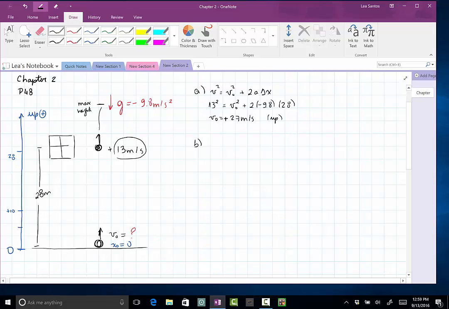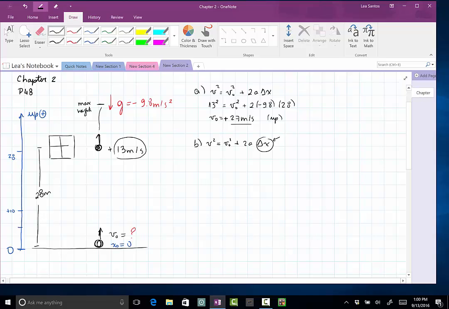So what is this point? Now the question is about position, and again I don't have any information about time. The best thing is again to use that same equation: V squared is V naught squared plus 2A delta x, and we want to find this delta x, considering that we started with that initial speed of 27.